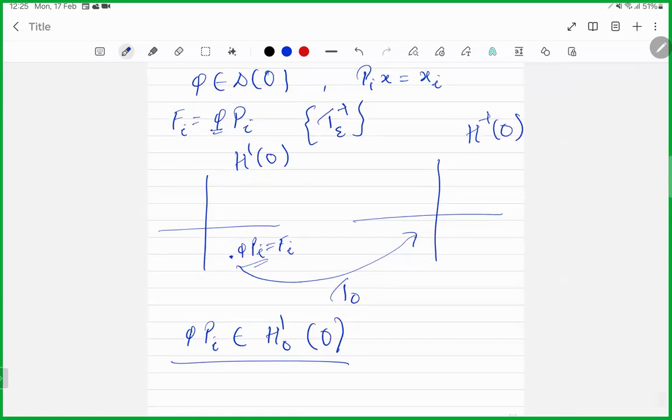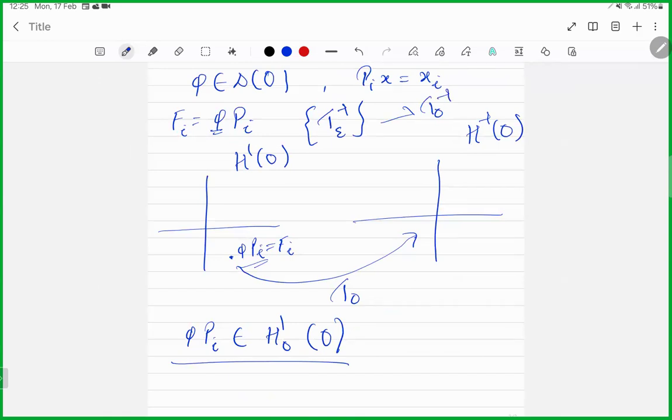So I have a T naught. Let me call this, for convenience, T naught inverse. So T naught is the inverse of that, and this is in H minus 1.